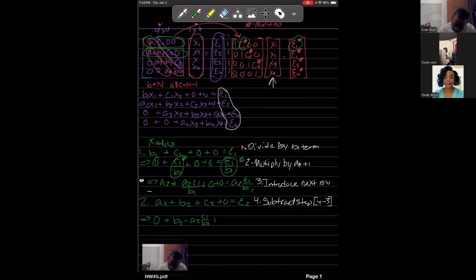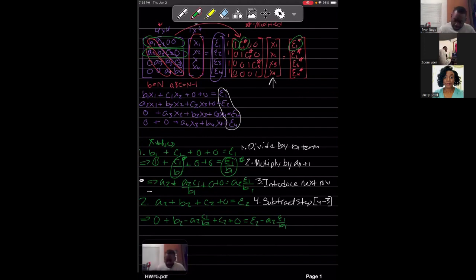Then we have plus C2 minus 0, which is C2. And then we have 0 plus 0, which is just 0. And this would be equal to epsilon 2 minus A2 of epsilon 1 over B1.